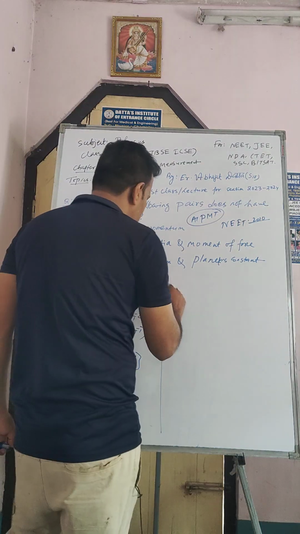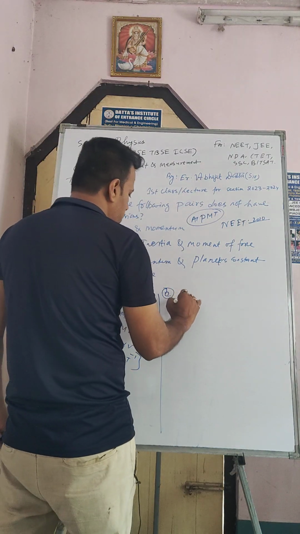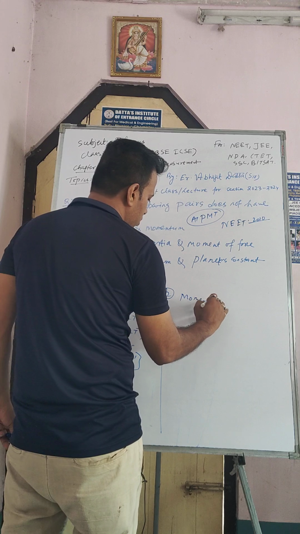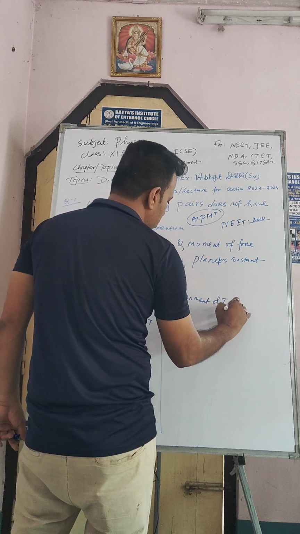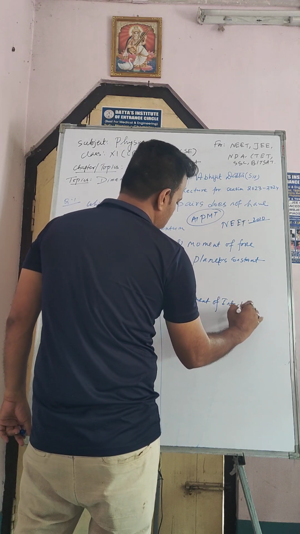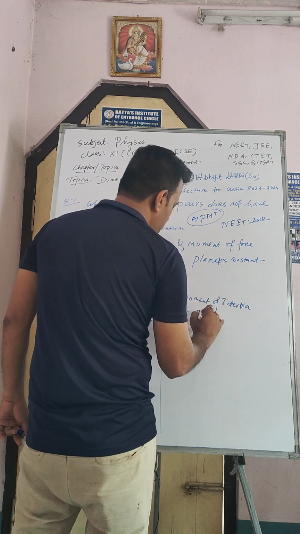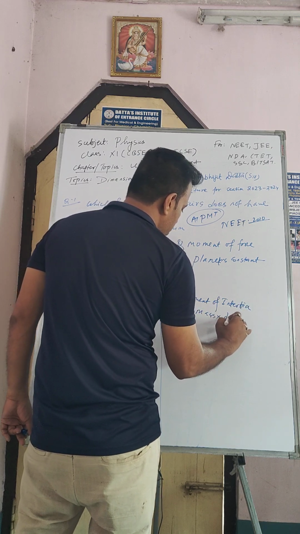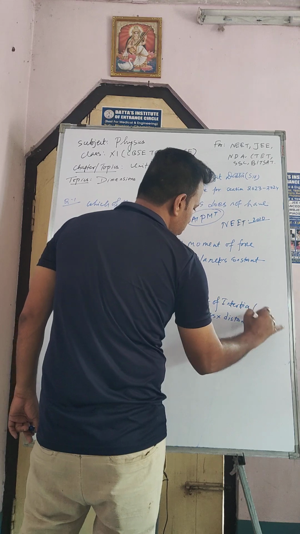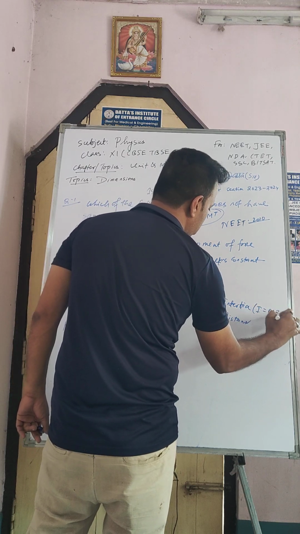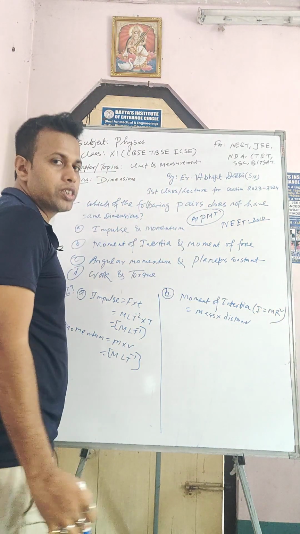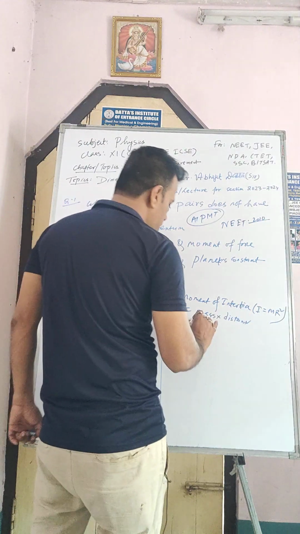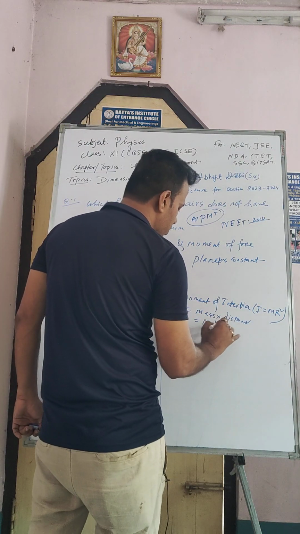Now check option B. Moment of inertia is mass into distance squared, that is I equals mr^2. This is the formula of moment of inertia. Mass is M, distance squared is L^2.